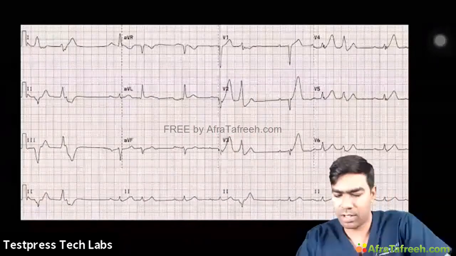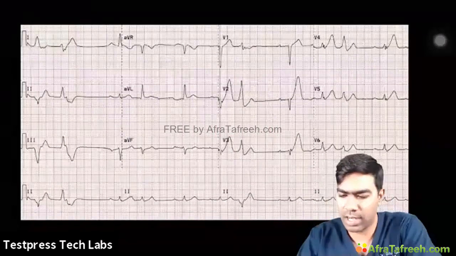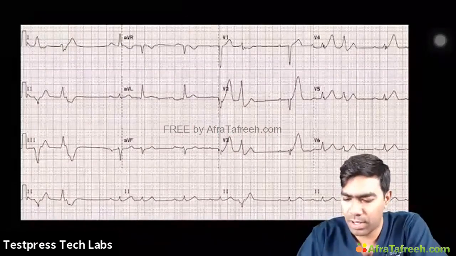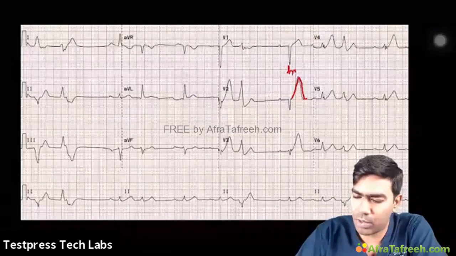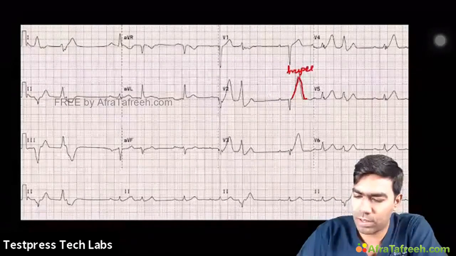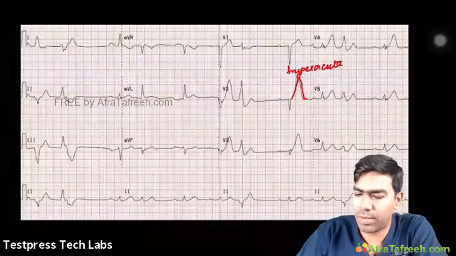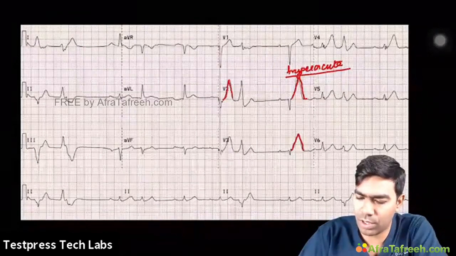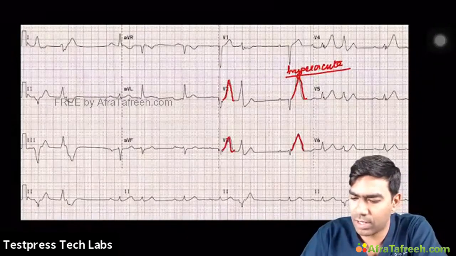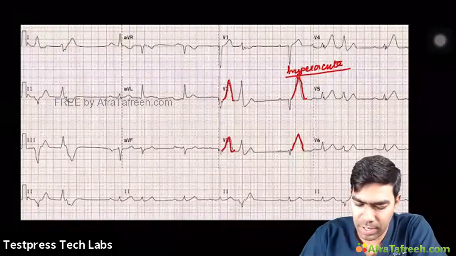Then let us see this one. This is an example of a hyperacute stage of an MI, where you're seeing tall T waves. In multiple leads you are able to see this kind of tall T wave. In V2 you're seeing tall T, in V3 you're seeing tall T, and in many other areas.